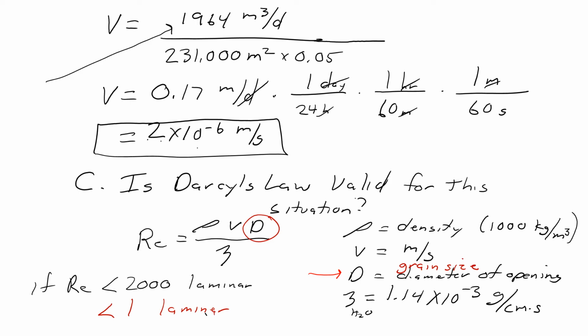All right, so let's plug this in and see what we can come up with. Again, our Reynolds number is density times velocity times diameter of the opening over viscosity. But if we change diameter of the opening to diameter of the grain size, then we need a Reynolds number that's less than 1.